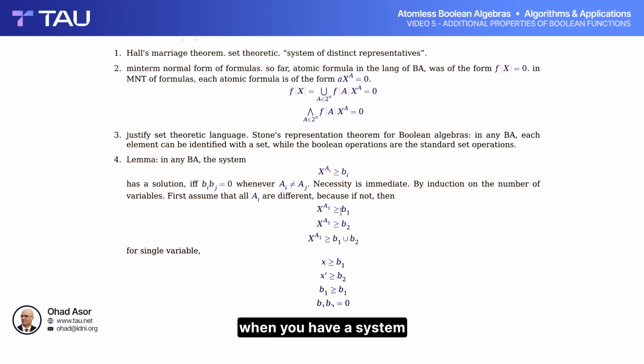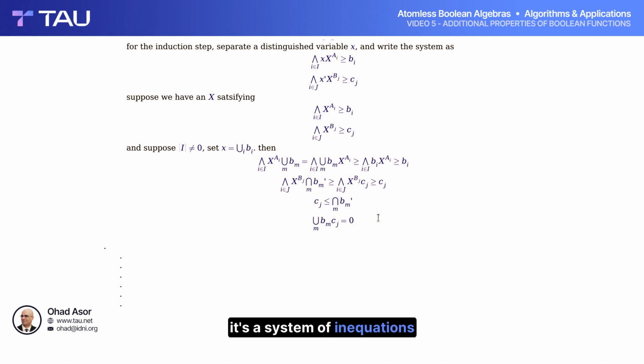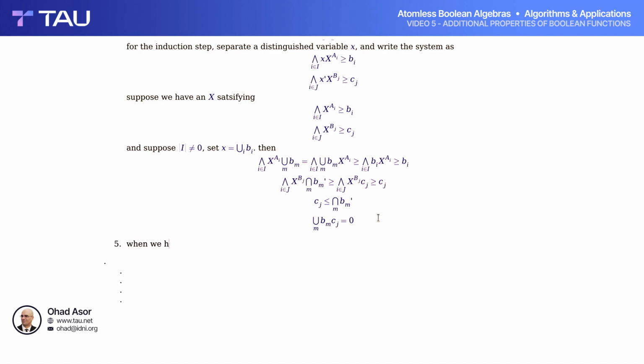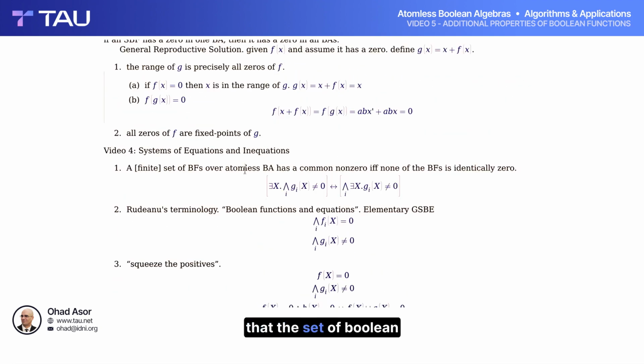Now, when you have a system of inequations of the form x to the ai not equal 0, remember that what I wanted to show is this: that a set of Boolean functions over an atomless Boolean algebra have a common non-zero if and only if none of the Boolean functions is identically 0.